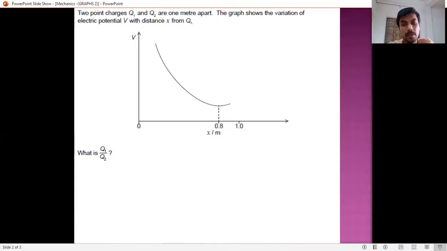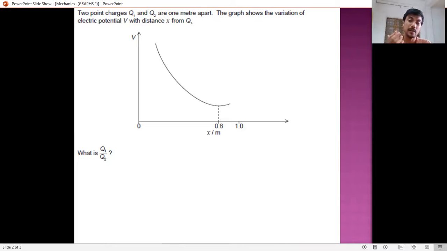But more importantly, you have to understand which part of the graph we can use to get the answer. At the point x equals 0.8, you can see that the potential is minimum. Obviously, that means the slope of the graph at that point is 0. So how can you use this information to good effect?